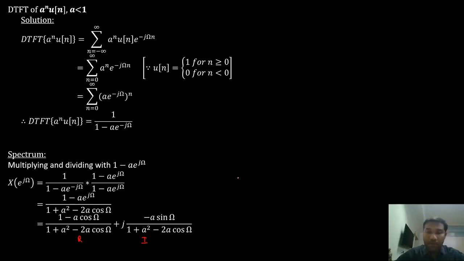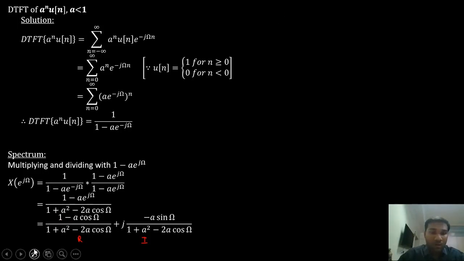Now I have to find the magnitude spectrum. What is the formula for magnitude spectrum? Magnitude spectrum, mod X of e power j omega, is equal to the square root of the square of the real term plus the square of the imaginary term, right? Now if I take the square of the real term, what is it going to be?